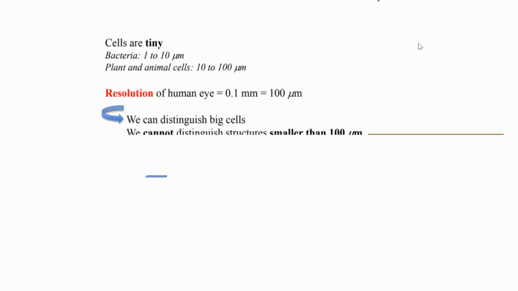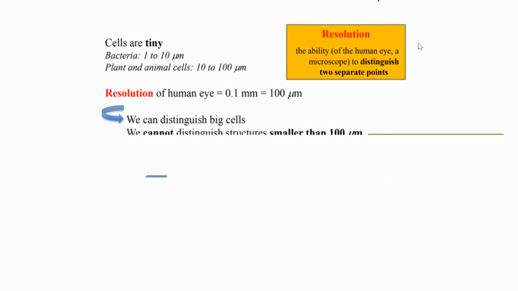So when I say resolution, what do I actually mean? When I say that the human eye has a resolution of 100 micrometer, that means if objects are closer than 100 micrometer, then our eye won't be able to distinguish them. Our eye will assume that that is a single object.